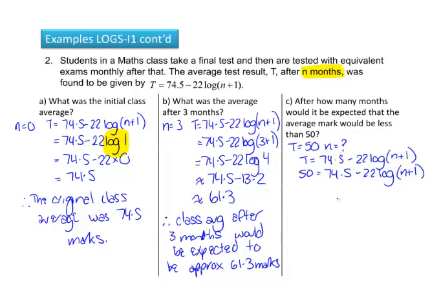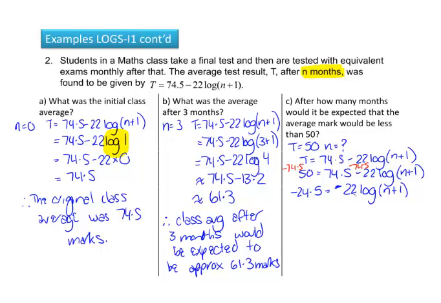I need to take 74.5 from both sides. Okay, so 50 take 74.5 is negative 24.5. I'll write what I've done: just taken that 74.5 from both sides, and I get negative 22 log of n plus 1.